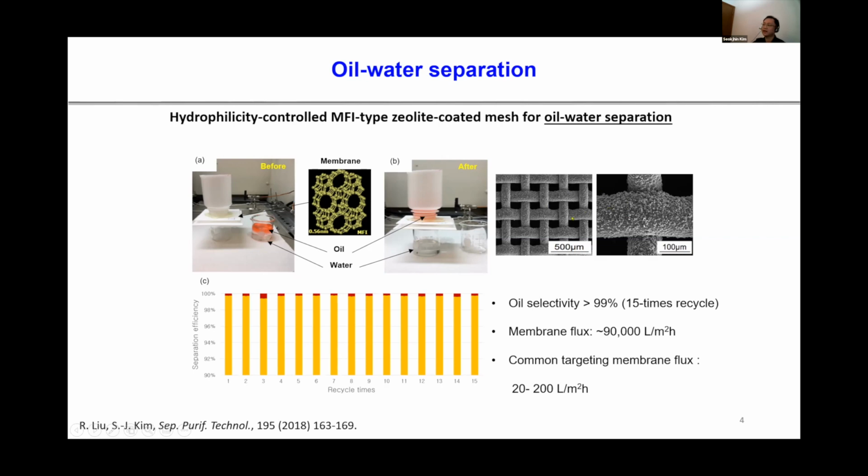The membrane was designed to make water permeable across the mesh while rejecting oil simultaneously. Water flux was more than 90,000 liters per meter squared per hour, and oil rejection rate was more than 99% during a 15-times recycling test for filtering a 50-50 mixture of hexane and water.